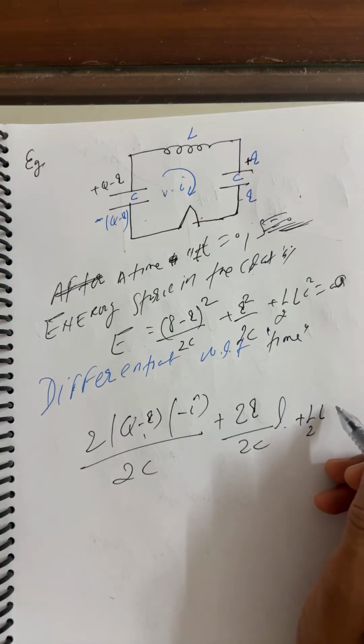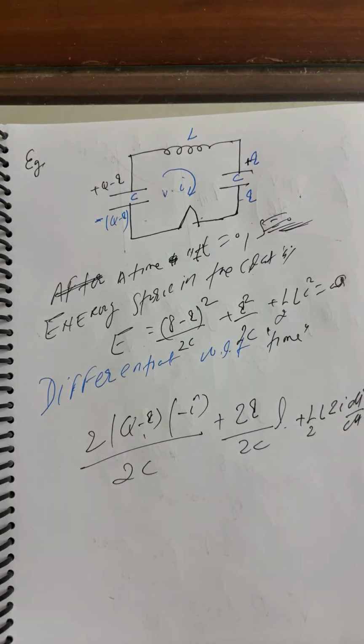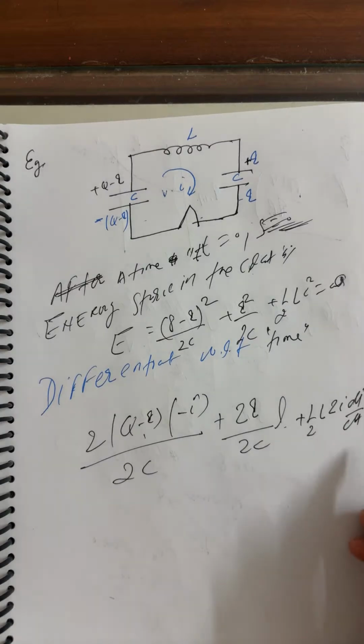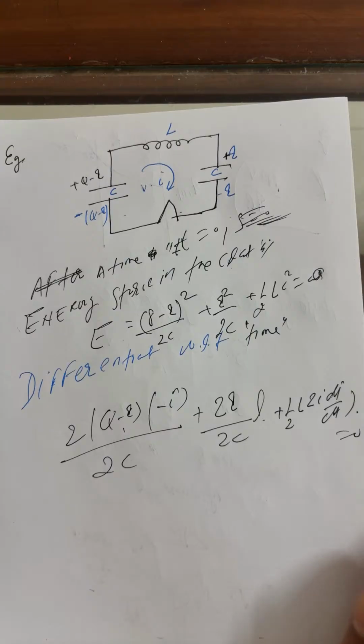So this is, you can say again, 2I di by dt, which is equal to 0.